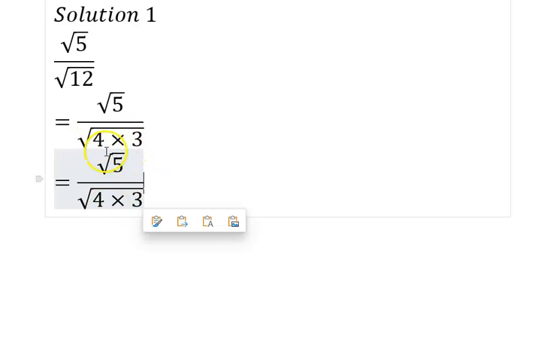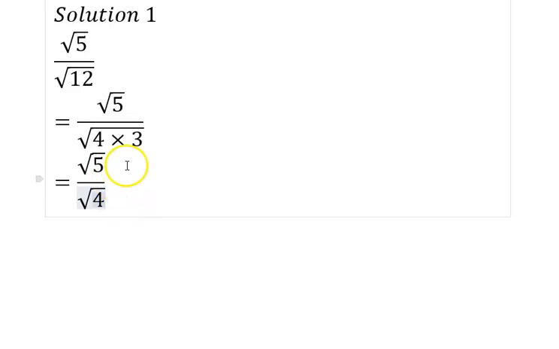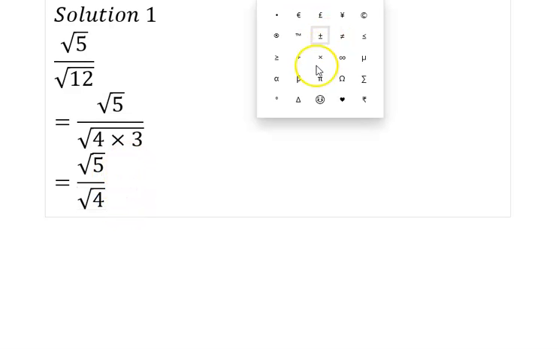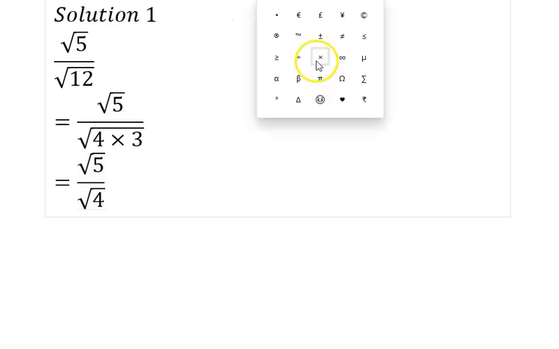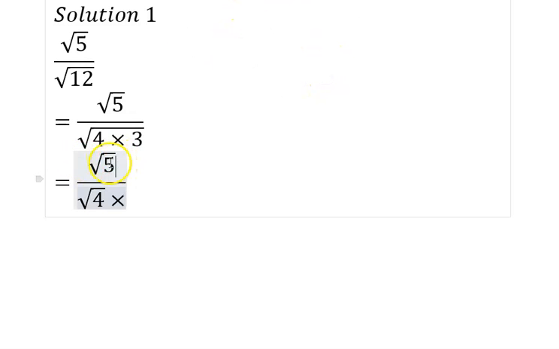Now let's split this root 4 and root 3. We can split them. So we have root 4 times root 3.